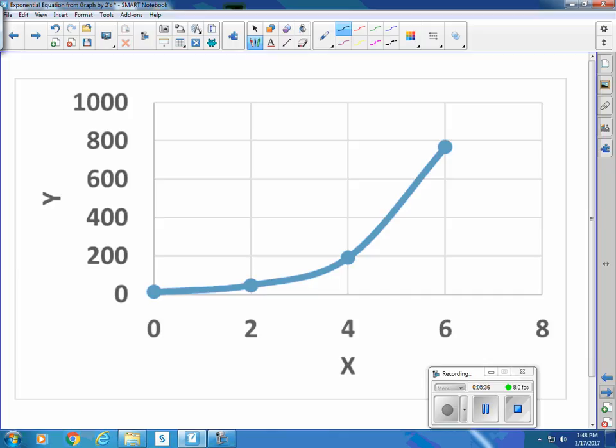Okay, so here's 700. So that's maybe 780? And here, well, that's maybe 195. Not quite 200. So let's say 780 divided by 195. I get a value of 4.